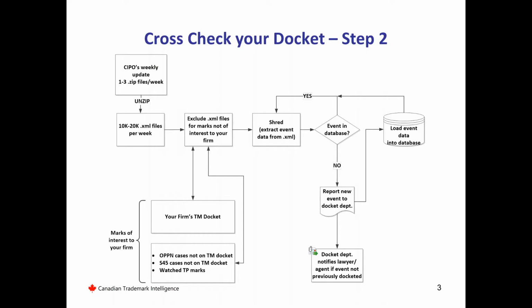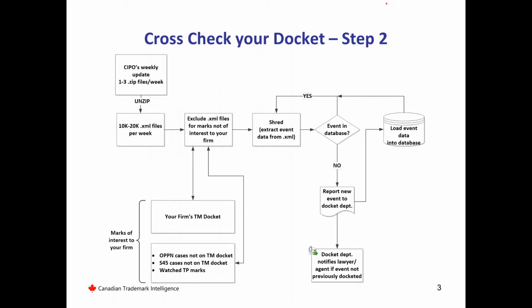Now here's the critical part. For each weekly update, you look at the action events in the XML files for the applications of interest to your firm, and you compare those against the action events that are already stored in your database. If you find an action event that is not already in your database, you make a note of it and you tell your docket department about it.